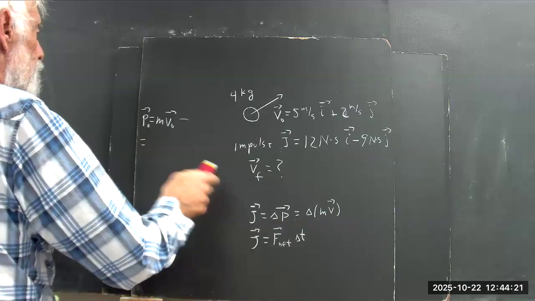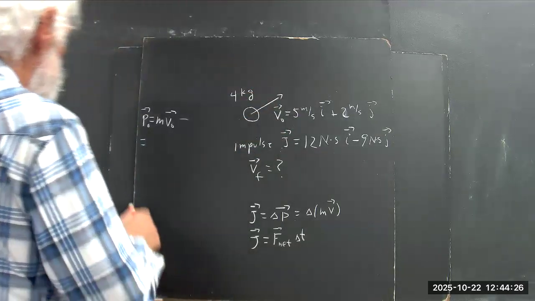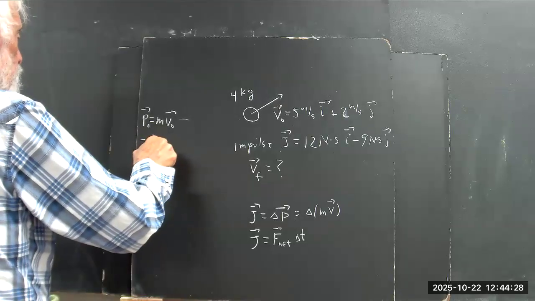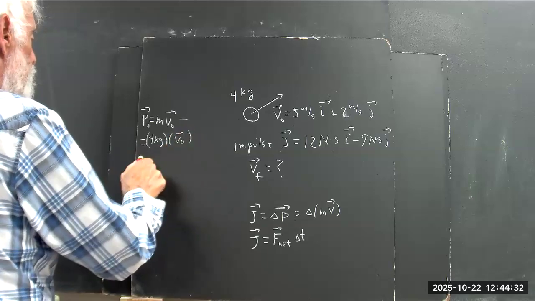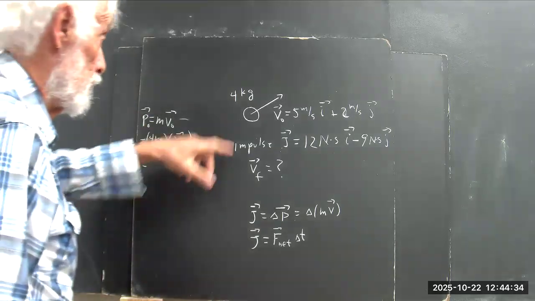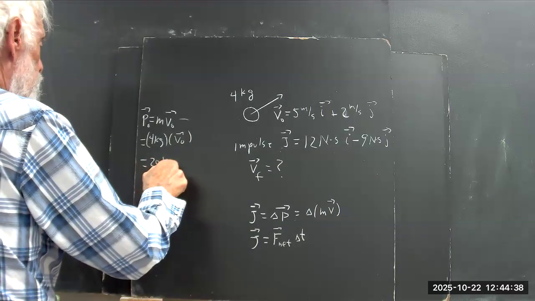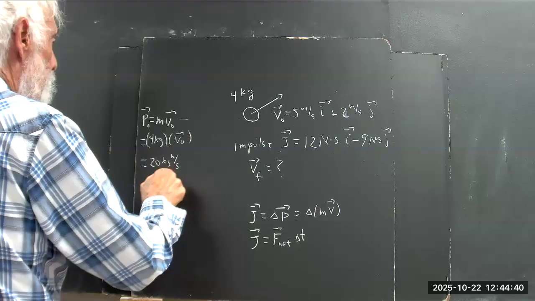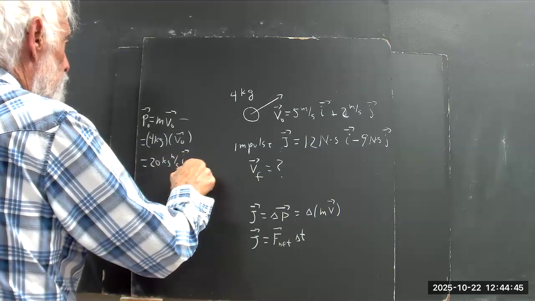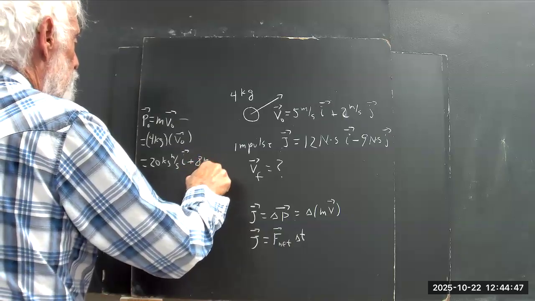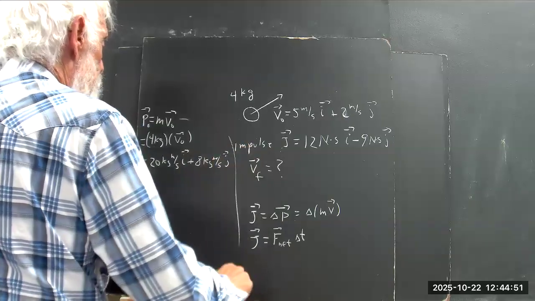I'm not going to write it all out, just 4 kilograms times v naught, and that's going to give us 20 kilogram meters per second times i plus 8 kilogram meters per second times j.